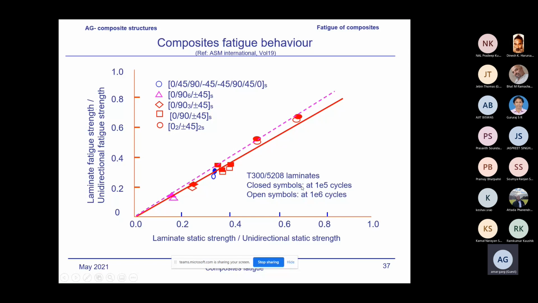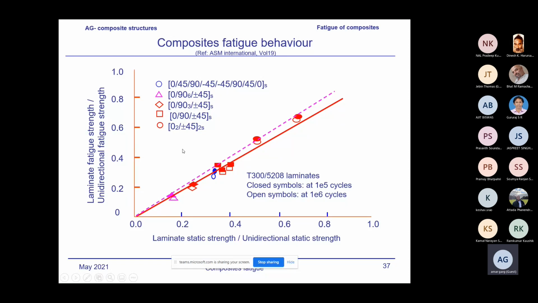There's a good correlation between the static strength and the fatigue strength for composites, which is not possible for metal. Metal doesn't follow this behavior. So if the ratio of laminate static strength, say quasi-isotropic, to 0 degree static strength is suppose 0.4, the same ratio for laminate fatigue strength divided by unidirectional fatigue strength occurs.